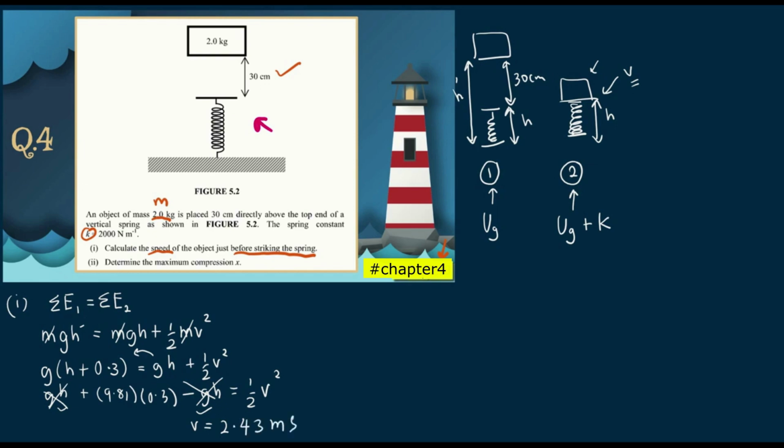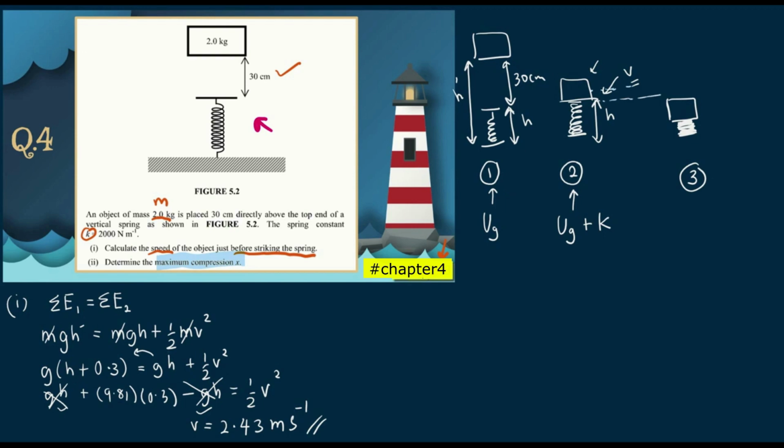2.43 meter per second. The second question asks us to determine the maximum compression S, meaning that we have the third condition. Okay, the third condition is when your spring is now being compressed, and the height of the box is lower.